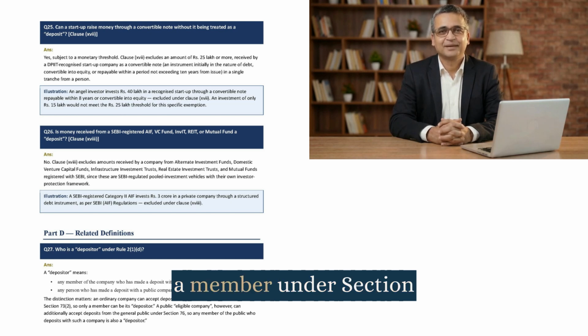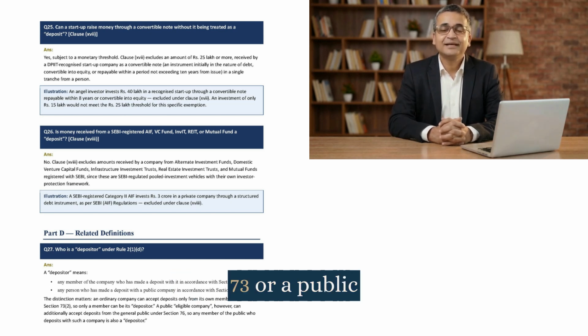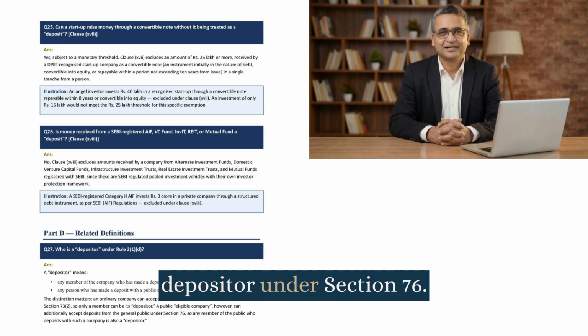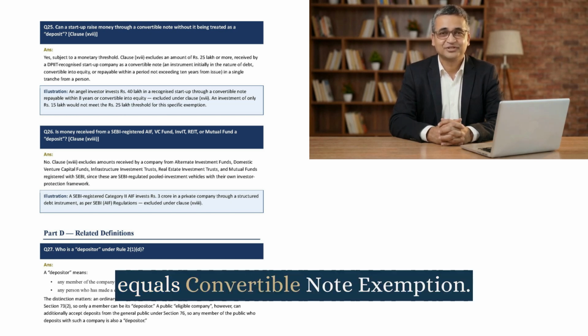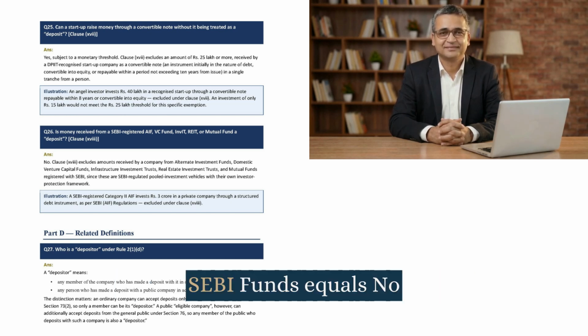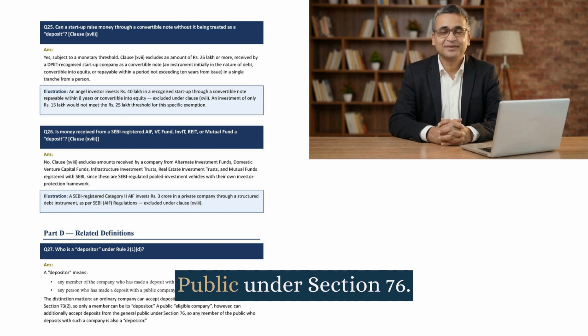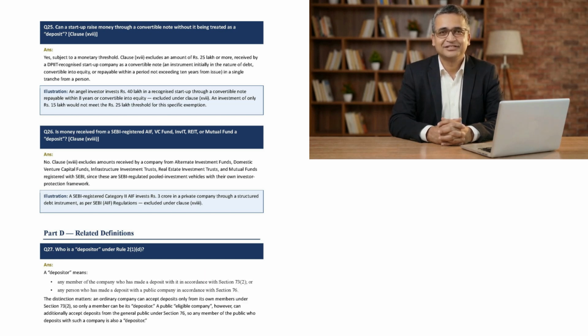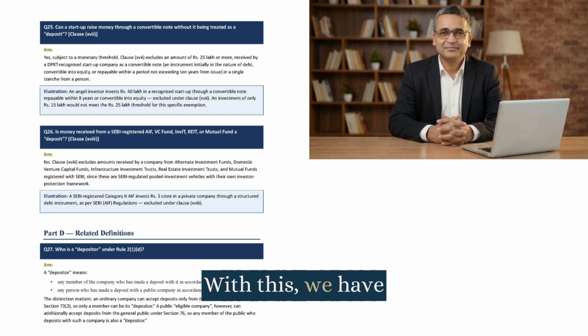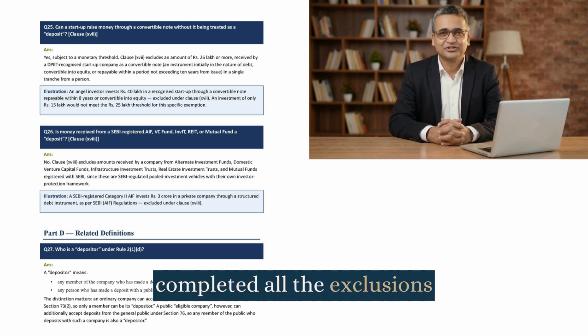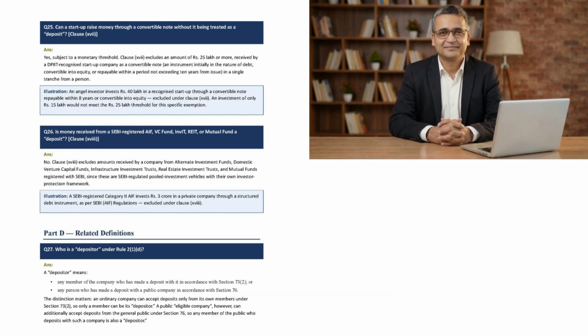Depositor means a member under Section 73 or a public depositor under Section 76. Memory formula. Startup equals convertible note exemption. SEBI funds equals no deposit. Depositor equals member or public under Section 76. With this, we have completed all the exclusions under Rule 21C.